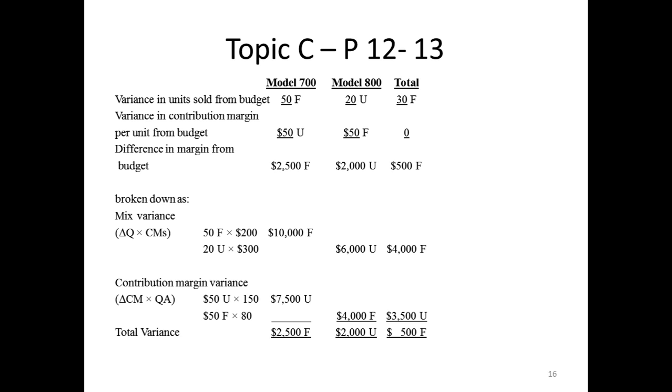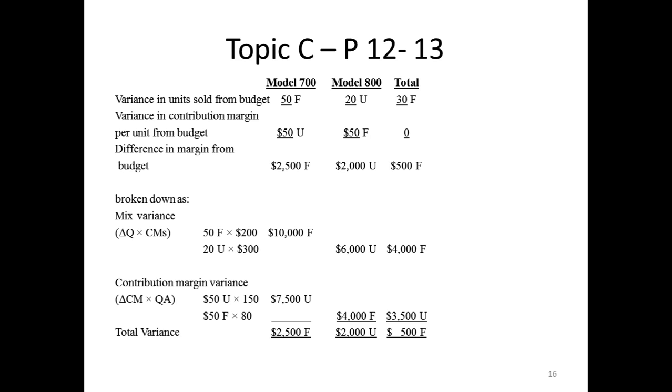But on 800, note the favorable contribution margin variance is not enough to exceed the unfavorable quantity variance. So this performance report should generally send a signal to Sue that you might want to suggest a change in venue for manufacturing parts of these machines, if at all possible.